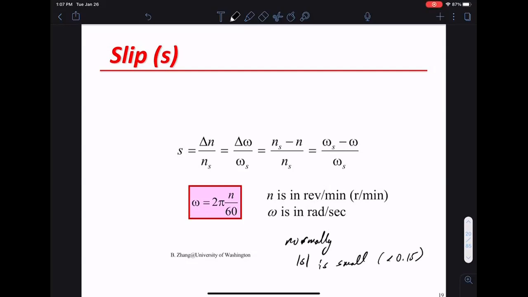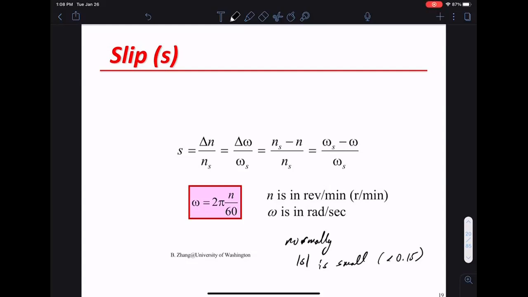This motor is only stable, so there's a stability concern, and the slip is kept very close to synchronous speed. If you recall, that's why type 1 was quite restrictive as a turbine, because if you directly use an induction machine, you can only operate over a very narrow range away from the synchronous speed.